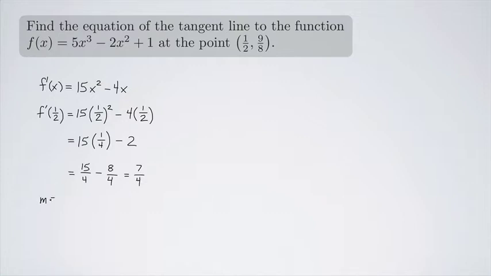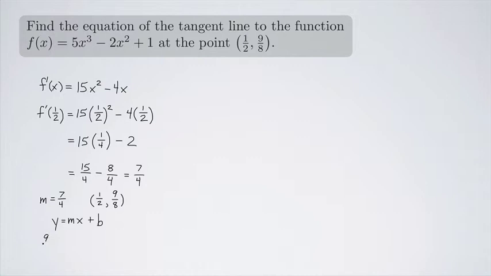The slope is 7/4, and I have a point on the graph, (1/2, 9/8), so I can actually get the equation for this. The equation of a line is y equals mx plus b, and I can plug in the point for x and for y.